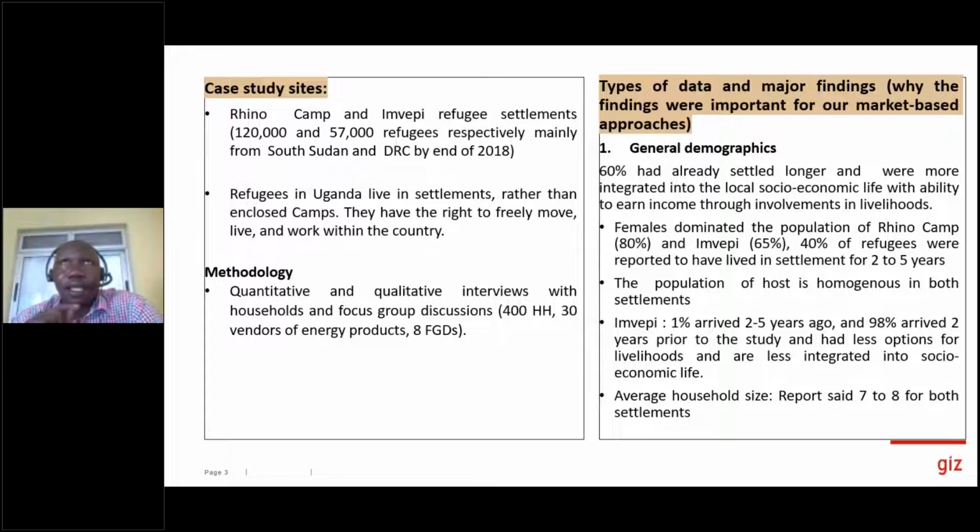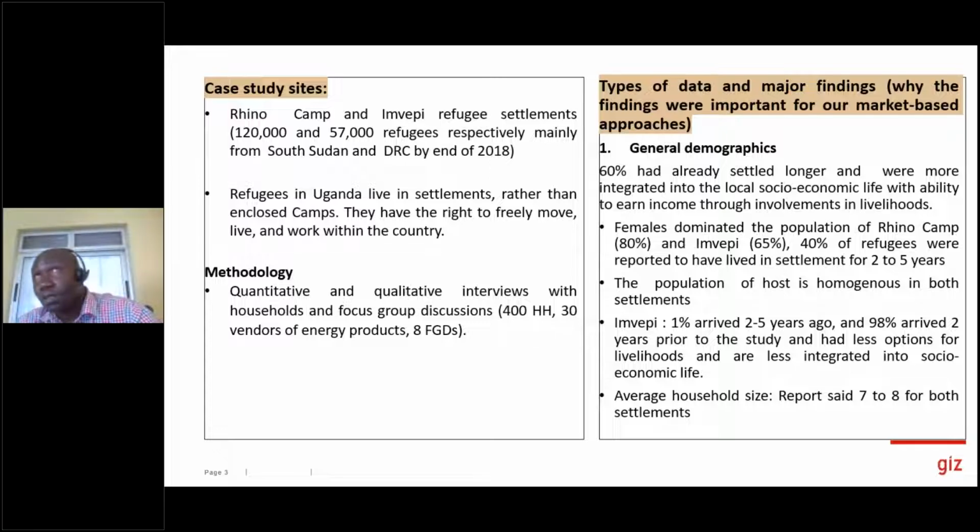Rhino Camp reported that about 60% of the refugees had lived there longer, and you'll later see that this had implications on our approaches, because those who had stayed longer were able to be integrated into the local socioeconomic life, with the ability to earn income through livelihoods. Unlike in other places, refugees who were slightly newer in the area prior to the study had no other source of income other than sale of relief items.